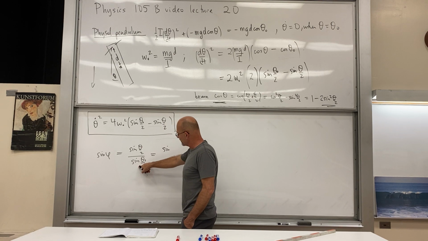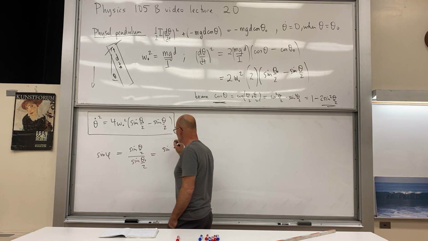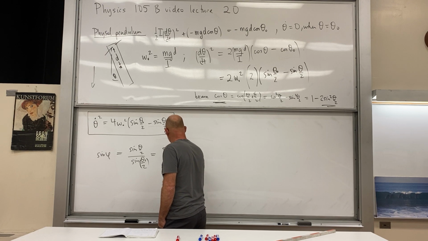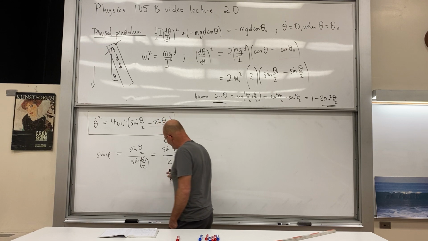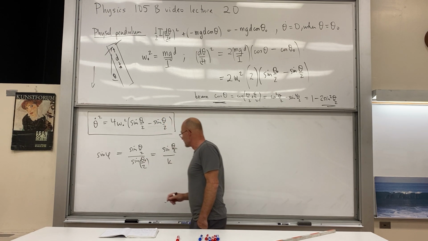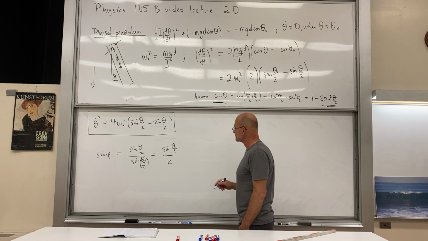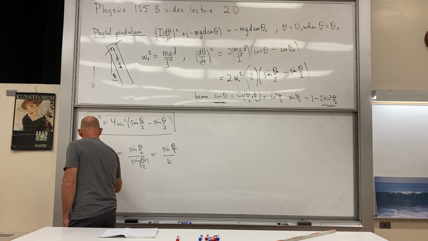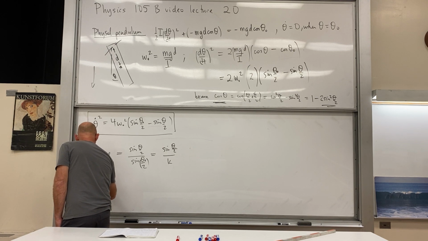Okay, we've got that, and we're going to define the sine of the initial angle divided by 2 as k. So the sine of theta over 2 divided by k. So k is identified with that denominator there. It's a constant, right? I'm going to do the initial condition. Now let's go ahead and differentiate.